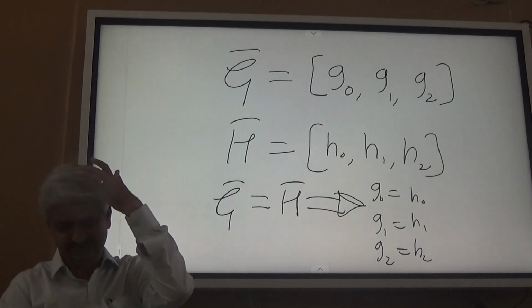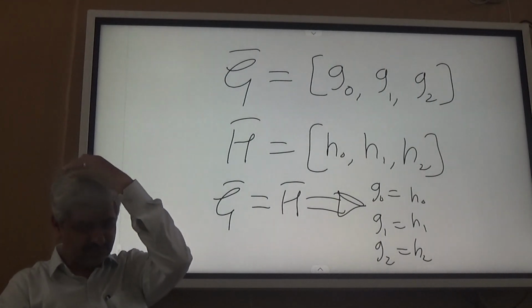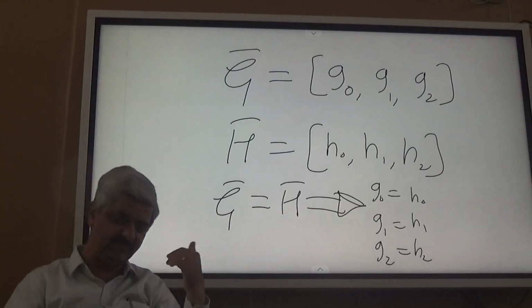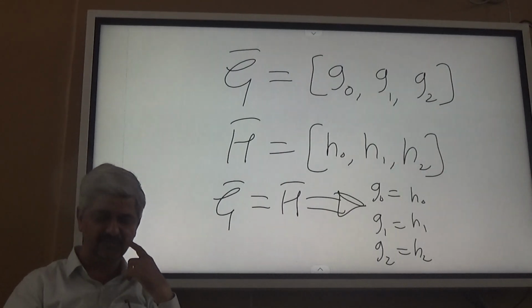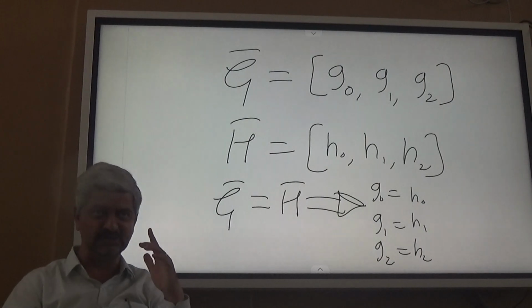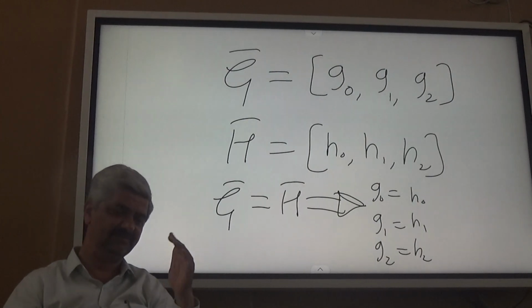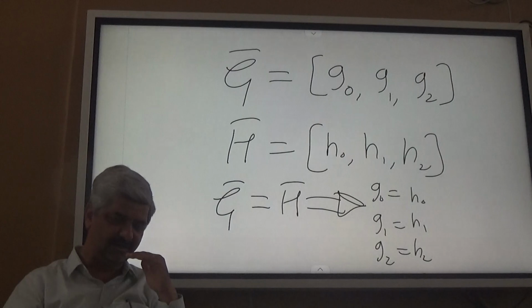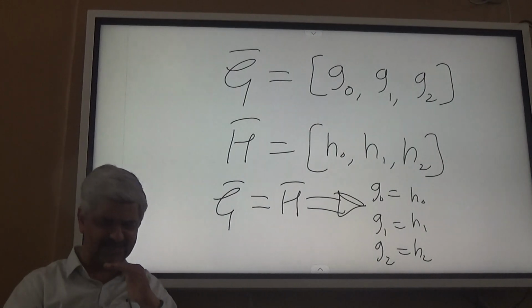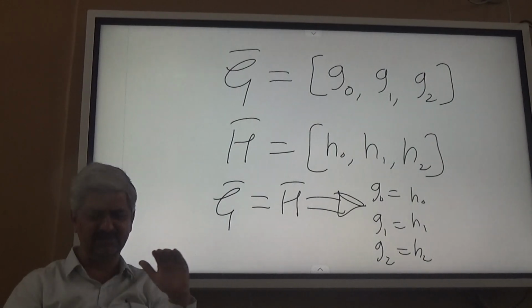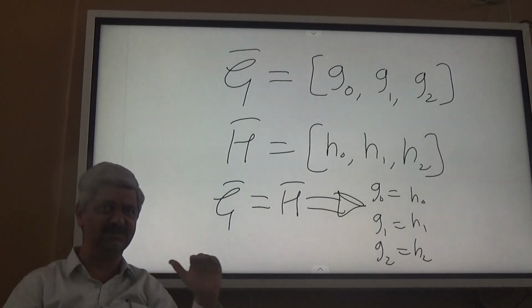In a multi-dimensional vector, three-dimensional, there is a concept of basis. The simplest in 3D is 1 0 0, 0 1 0, 0 0 1.